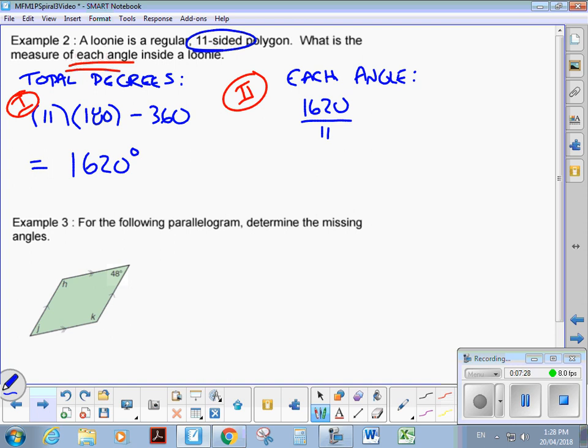Square has 4 sides, 4 corners. 11-sided object has 11 sides, 11 corners. So we take the 1620 divided by 11, and we end up with 147.3 degrees. All right. So there we are. That finds the individual angle inside the loonie.